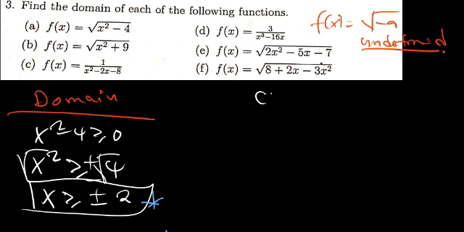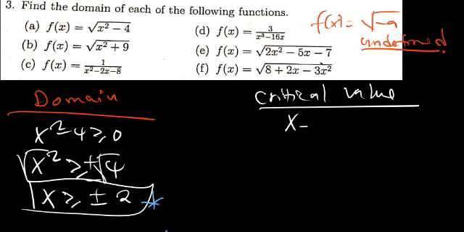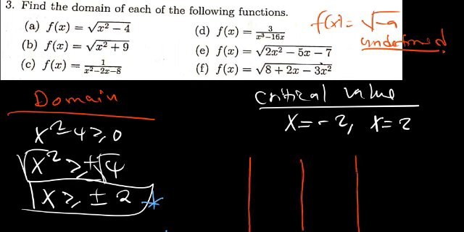So these are the critical values that I've found: x is equal to negative 2 and x is equal to 2. Then I have to come up with a table. So in this table, I'm going to have -2 here and 2.